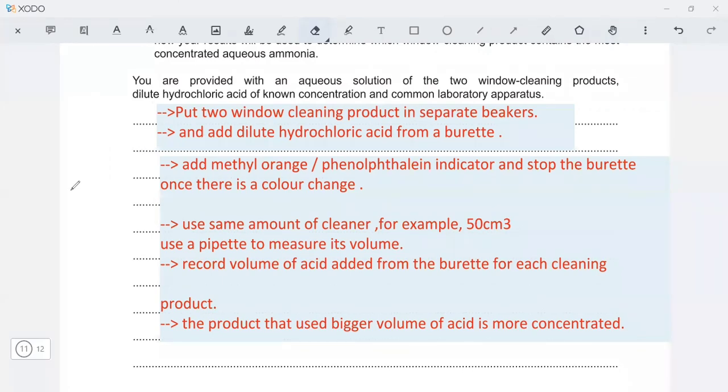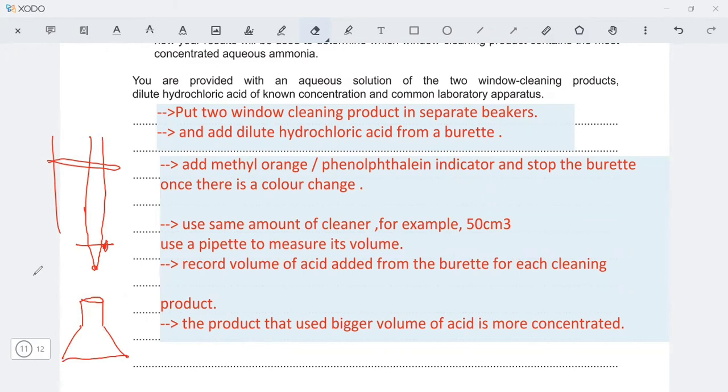Basically, as they are talking about the alkali and the acids, we do a titration. What we do, we usually take the burette, right? Let's say this is a burette. This is the tap, and just below it there is a conical flask.